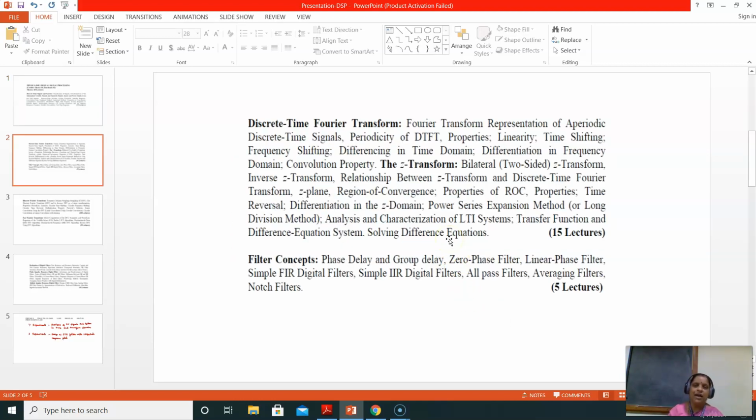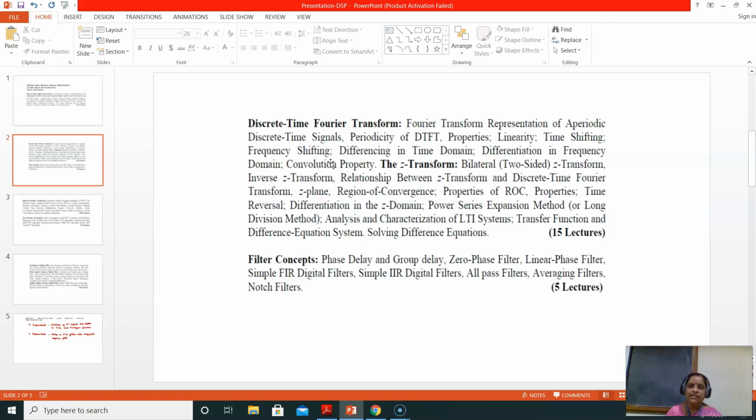The next chapter is on analyzing the discrete time signals in the frequency domain and the Z, or complex transform, domain. So DTFT is used to analyze the discrete time signals in the frequency domain, and in this unit we will cover the problems related to how to find the discrete time Fourier transform of a discrete time signal and what the properties of the discrete time Fourier transform are, with illustration.